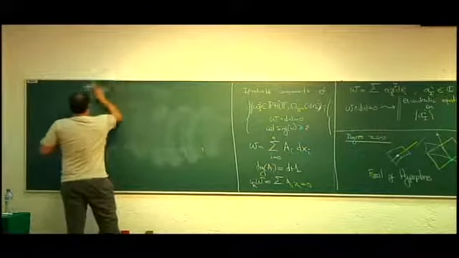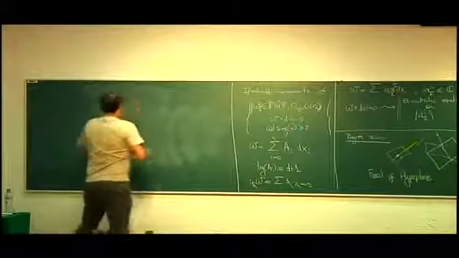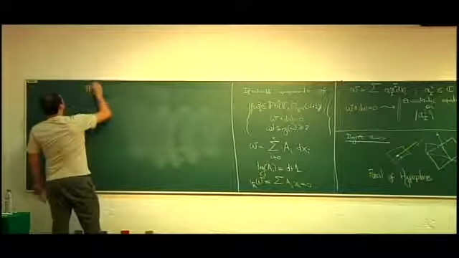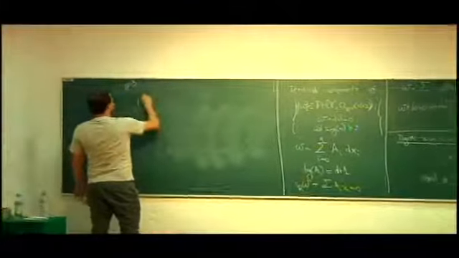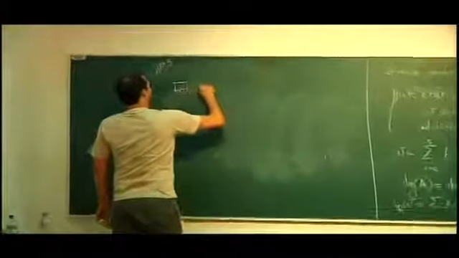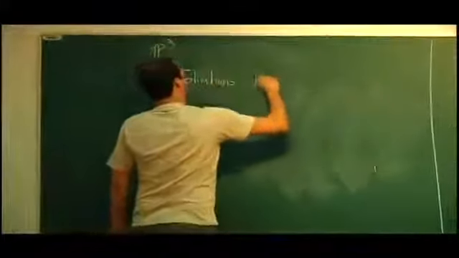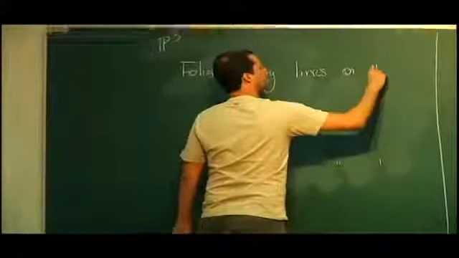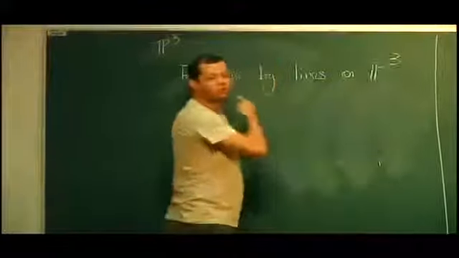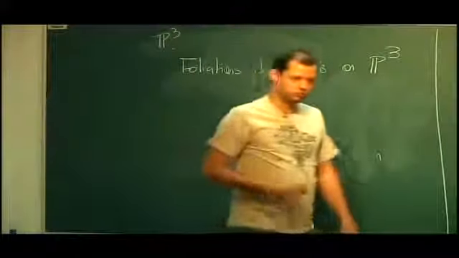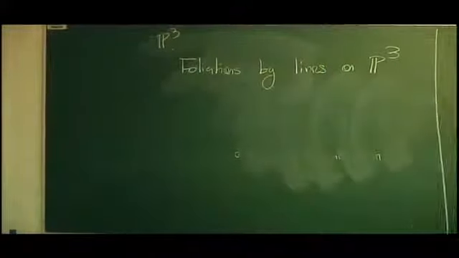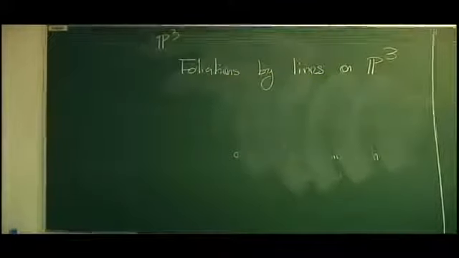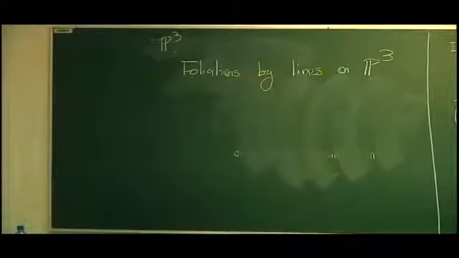So let's again restrict to the case of P3, and we can ask, what are foliations by lines? Of course, holomorphic foliations. And this is also a classical subject. It can be traced back.